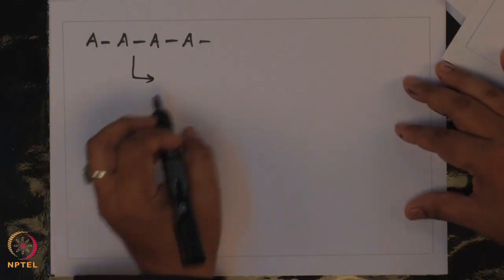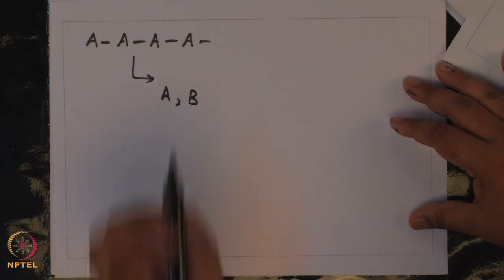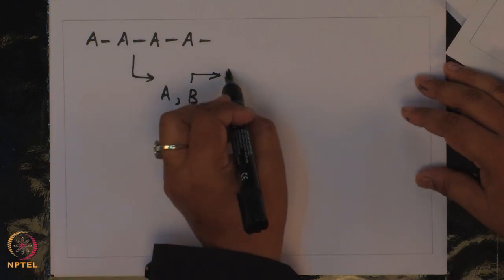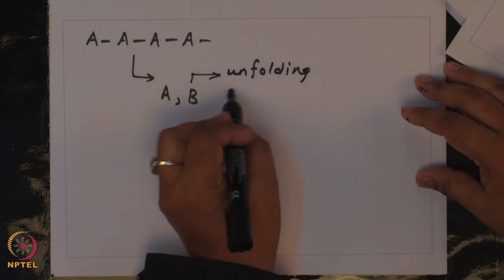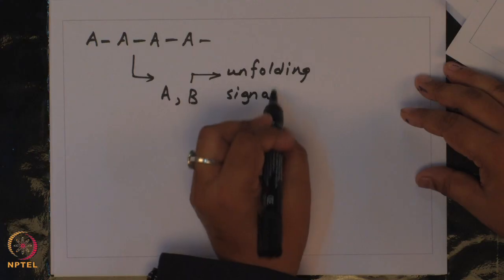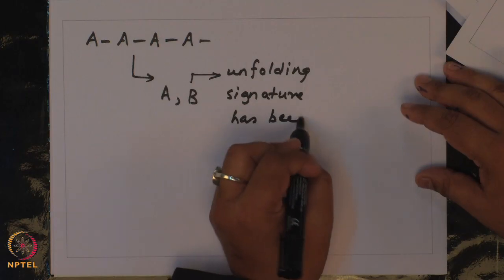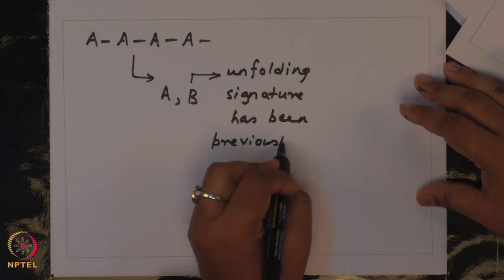What is typically done to get around it is that instead of just having a polyprotein like A, you make a polyprotein with A and B, two components, where B is a component whose unfolding signature has been previously established.